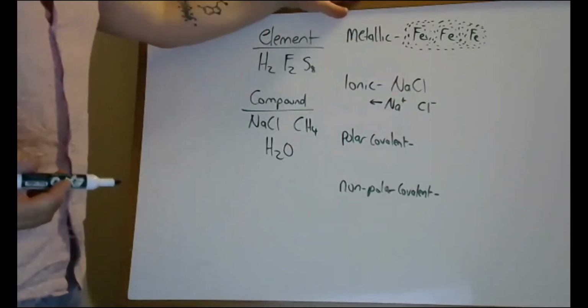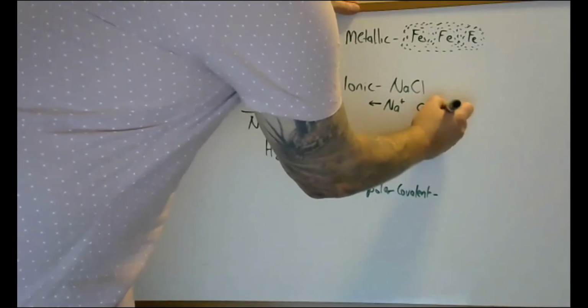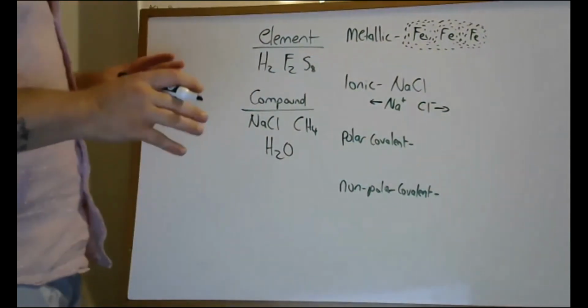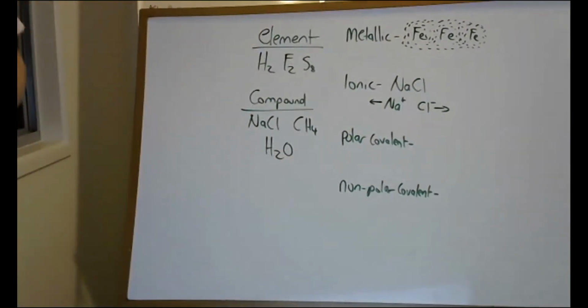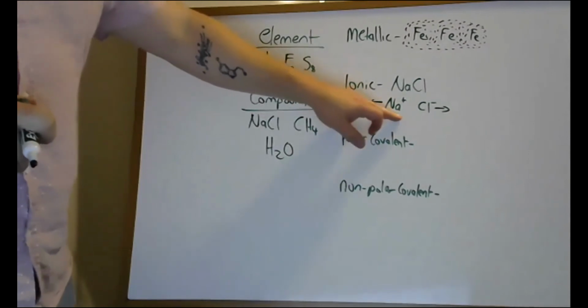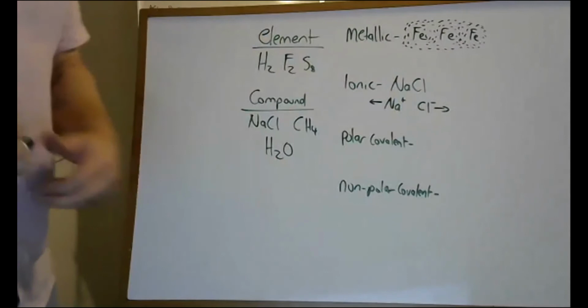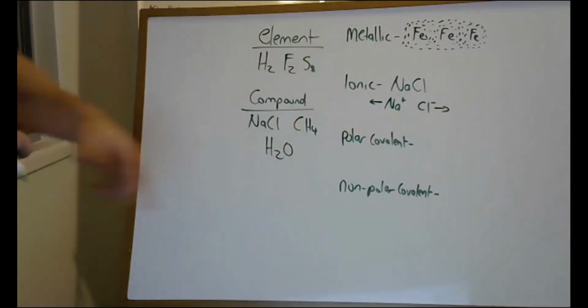Chlorine, being in group 7, accepts an electron and goes forwards into group 8. They're not sharing the electrons. It is a permanent donation of a metal's electrons, and the non-metal accepts it. So ionic is between a metal and a non-metal.